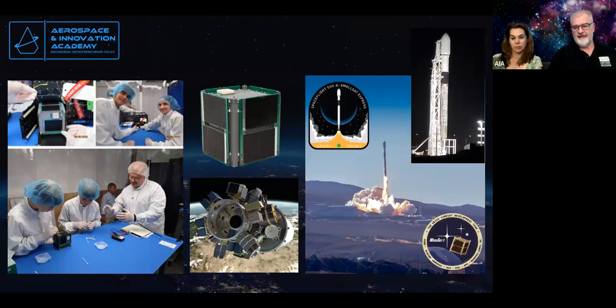It's a rectangular apparatus that typically has a spring-loaded door and a spring to gently push satellites out as the rocket is ascending into orbit. So that's why CubeSats are called secondary payloads. They're catching a ride, and basically their orbit becomes mostly wherever the rocket or the spacecraft ejects them.